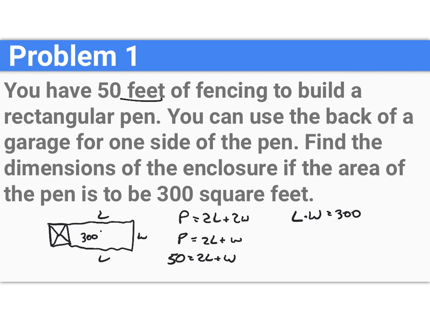So basically we're going to solve this for W. So W equals 50 minus 2L. Then we're going to substitute in for W, so we only have one variable. So we get L times 50 minus 2L equals 300. And so we'll pick this up on the next page.